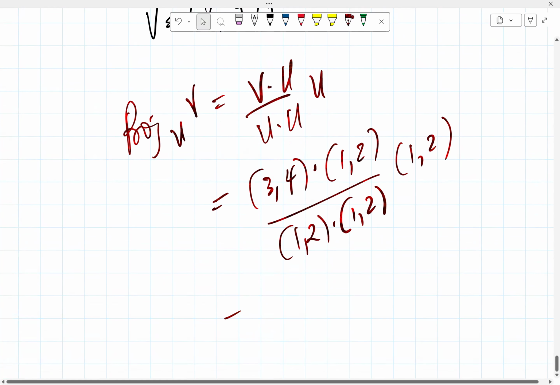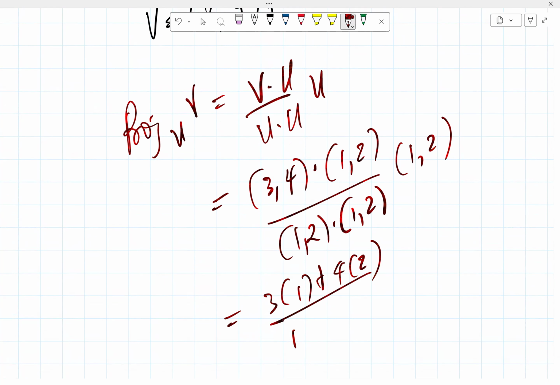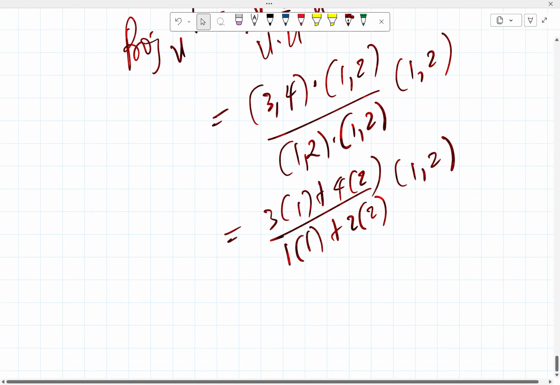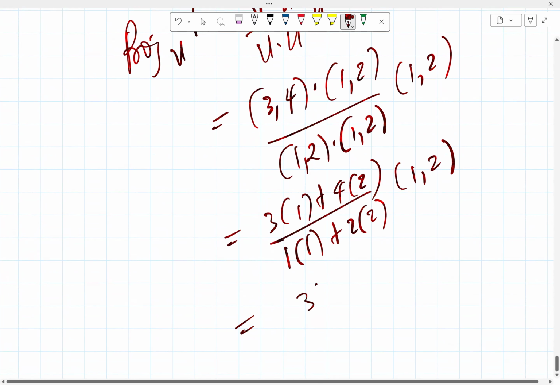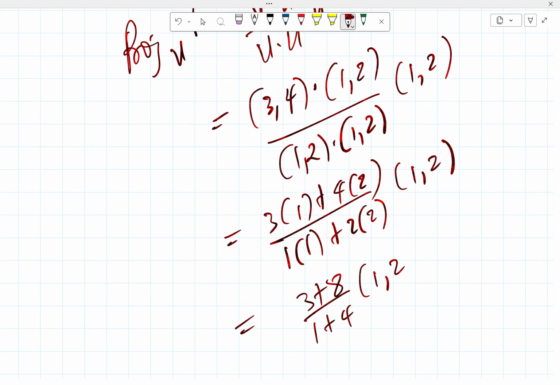So that means we have 3 times 1 plus 4 times 2 up there, all over 1 times 1 plus 2 times 2, into (1, 2). So that means we have 3 plus 8 all over 1 plus 4, into (1, 2).